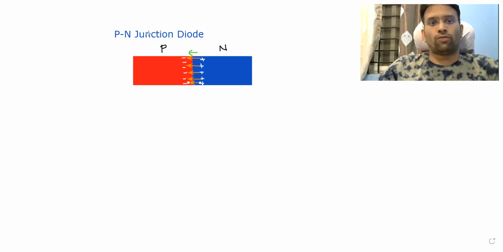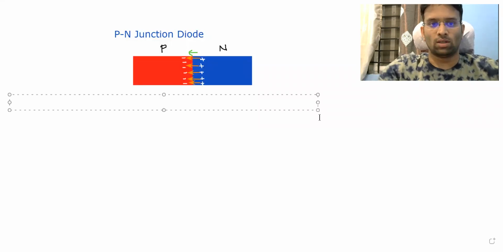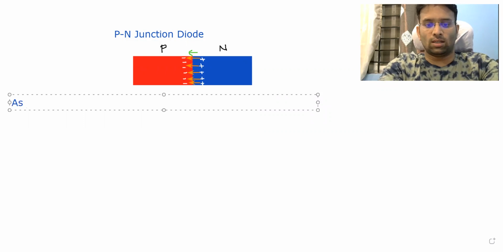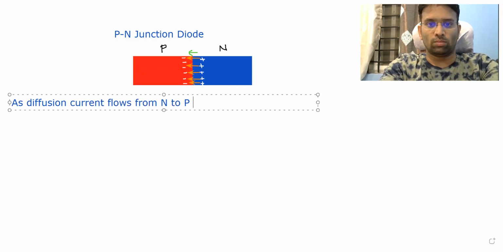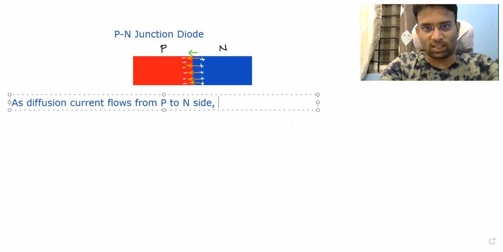For your understanding, let me write these important statements. Diffusion current flows from P to N side, because electrons move from N to P, but current is generally taken in the opposite direction, as you know from the chapter of current electricity.